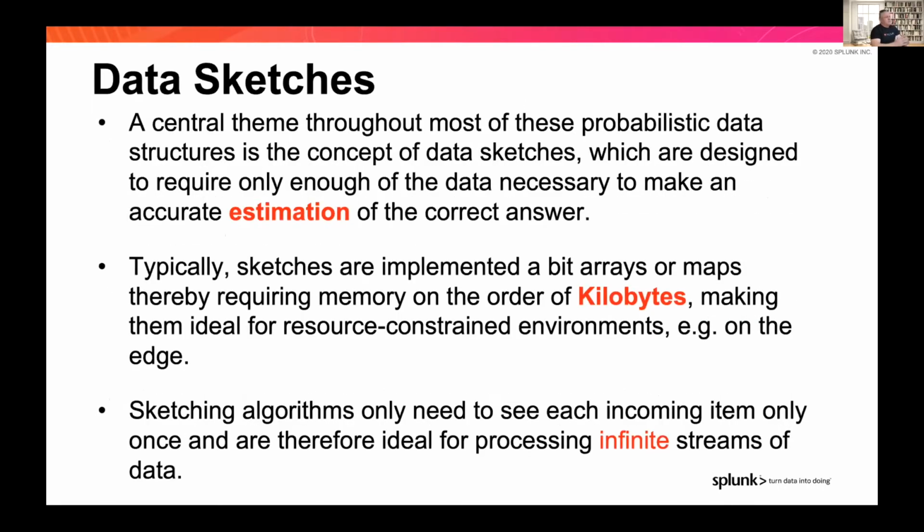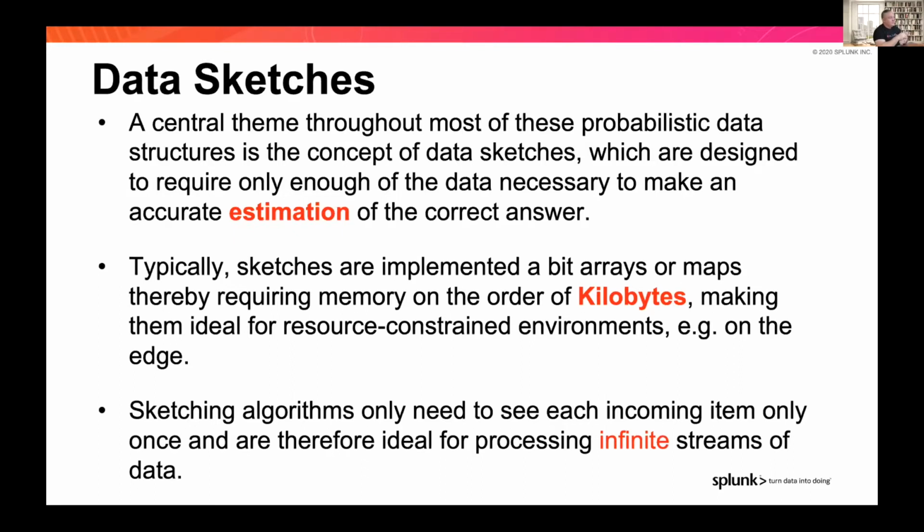Central to all these probabilistic algorithms is a concept known as data sketches. It's a common theme throughout all those different probabilistic data structures, and they're designed to require only enough data necessary to make an accurate estimation, right? They're commonly implemented as bit arrays or maps, so they only require kilobytes of data rather than megabytes or an unbounded data structure you're trying to store the state in.